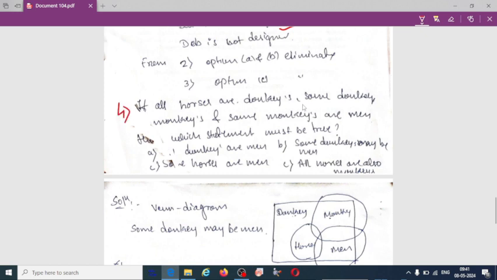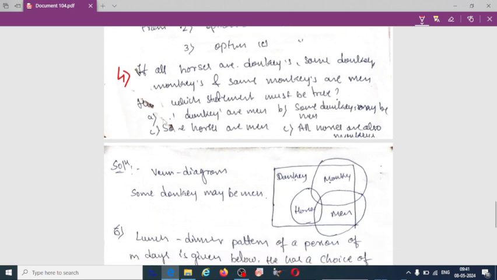If all horses are donkeys, some donkeys are monkeys, and some monkeys are men, then which statement must be true? A. All donkeys are men. B. Some donkeys may be men. C. Some horses are men. D. All horses are also monkeys.